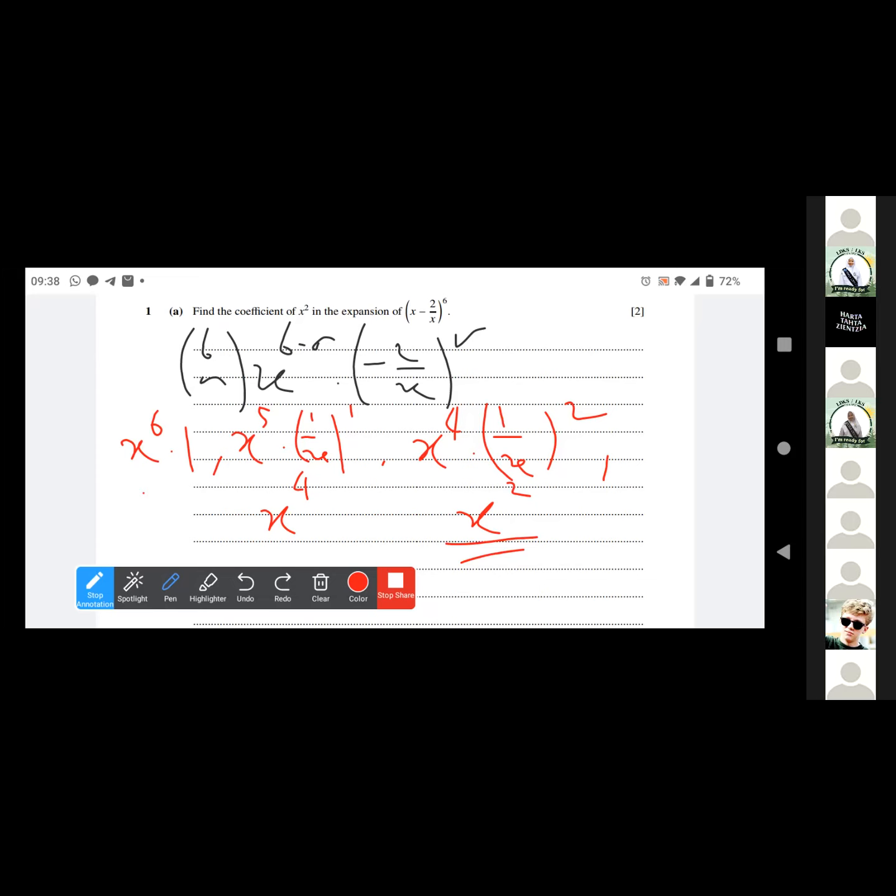Nah, so r equals 2, so what can we do now? We just need to input the value.